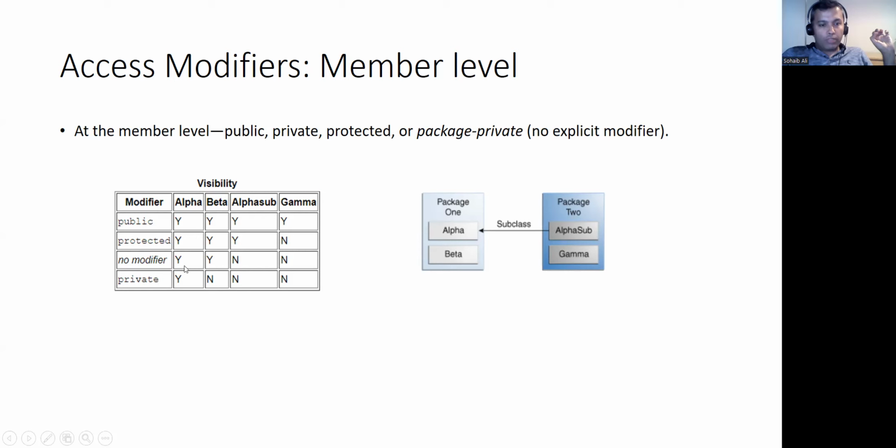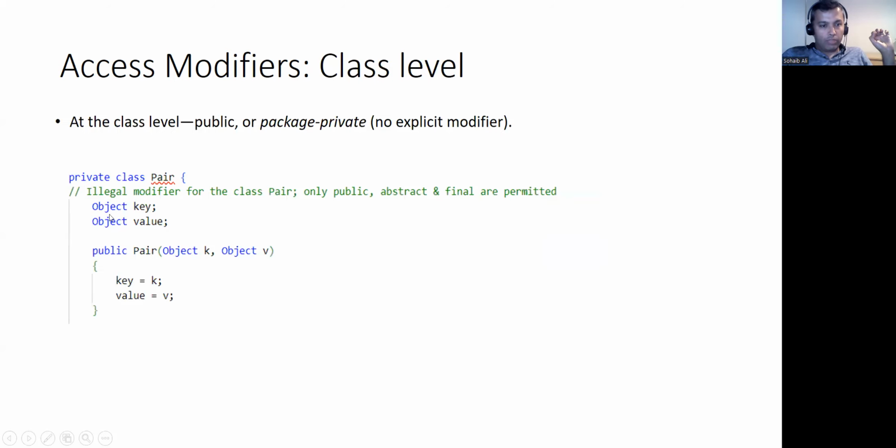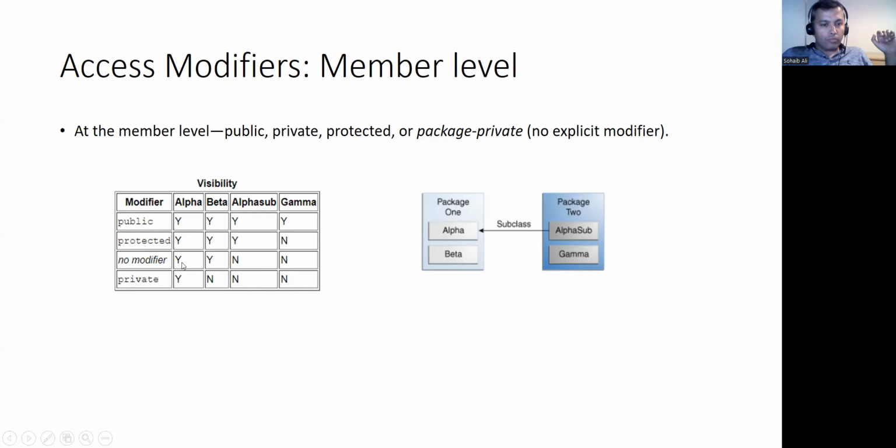If I don't specify any modifier, for example there is no public or private keyword, and the member of alpha has no modifier specifying its visibility, then this variable is package private in some sense, just like the class is package private.